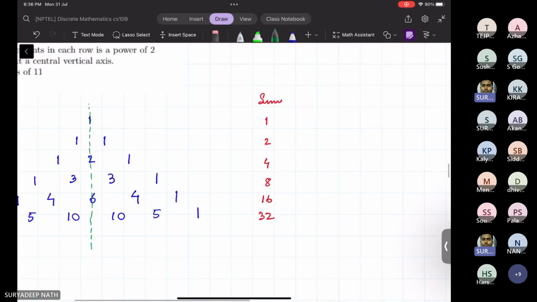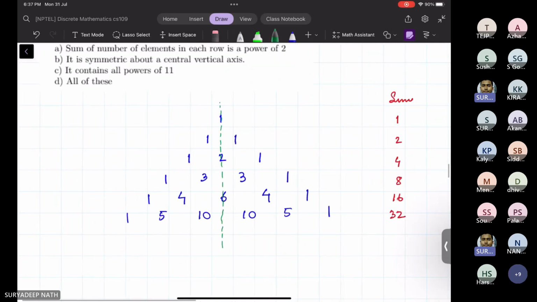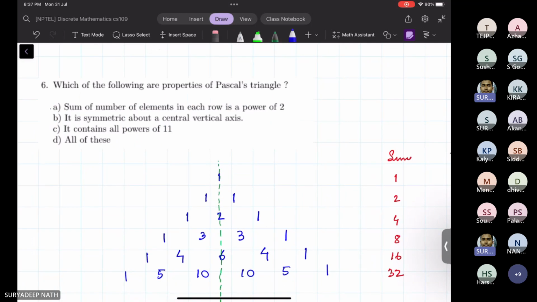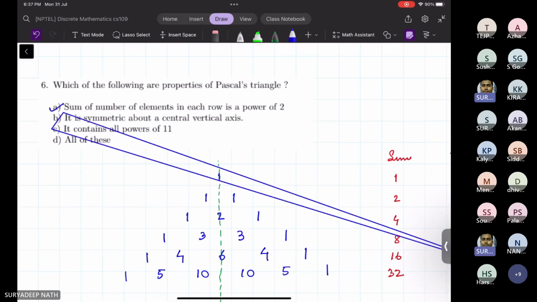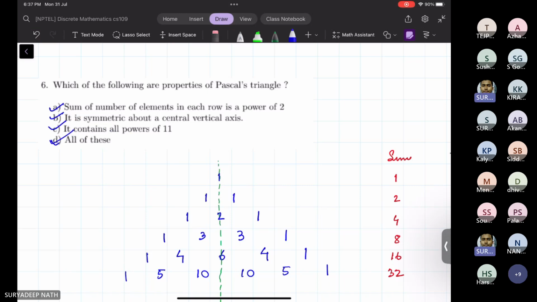If we write them as numbers, you have 1 which is 11 to the power 0, you have 11 which is 11 to the power 1, you have 121 which is 11 squared, you have 1331 which is 11 cubed, and so on. So all three of them are true, and therefore the right answer is option D.